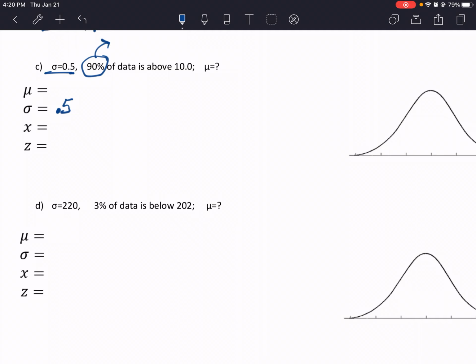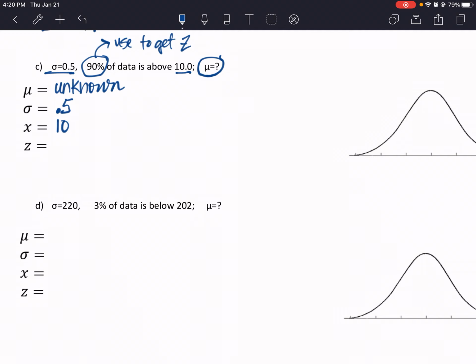Okay, so I know I'm going to use that to get the z-score. 90% of the data is above 10. Well, look, I can see my mean is unknown. So that must mean 10 is the x. Now let's use this 90% to get the z.